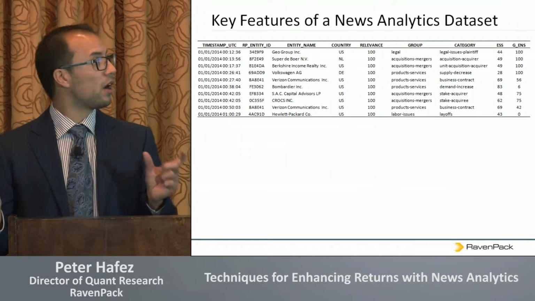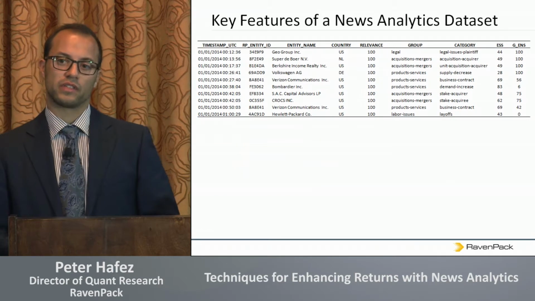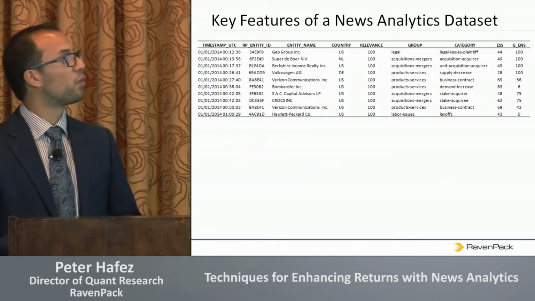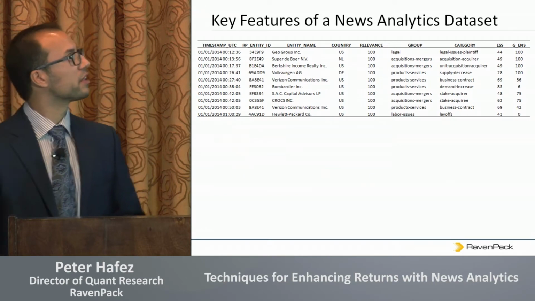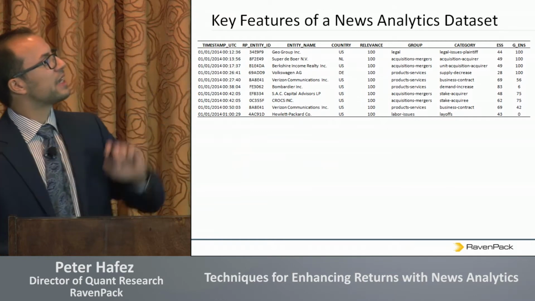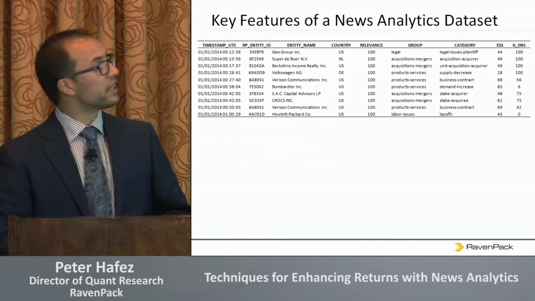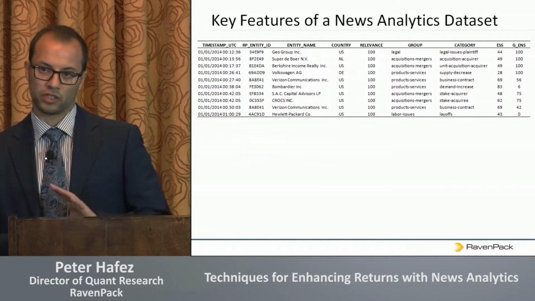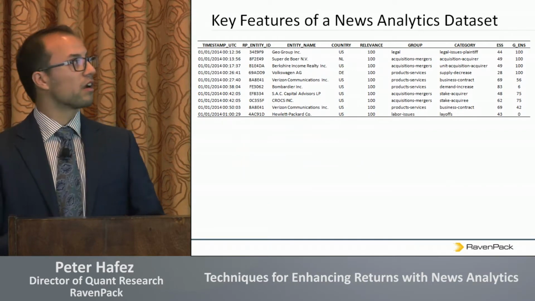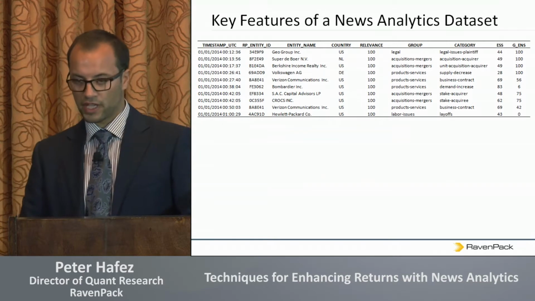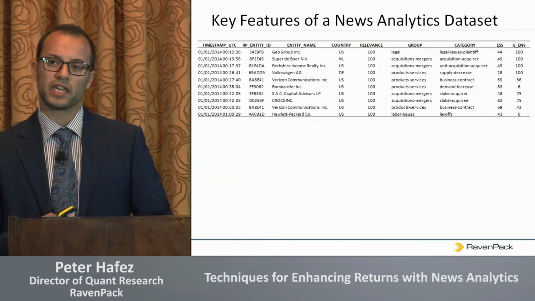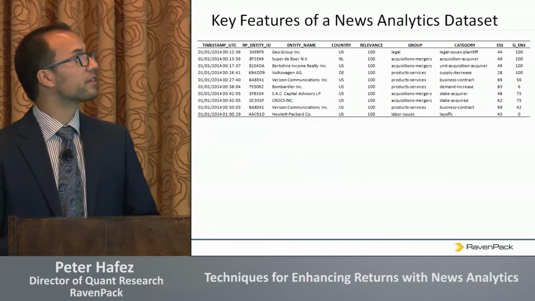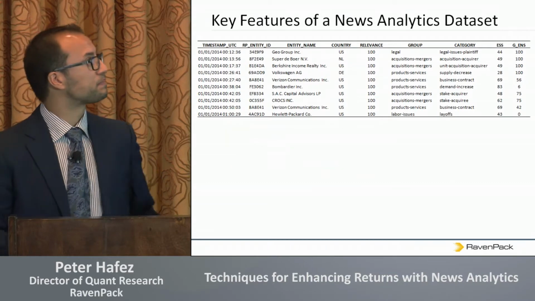So basically, we have 2 packages in place, and one is obviously what we call the equity product, the other one the global macro product. This is an example of the equities data. And what distinguishes the 2 is that in the equities package, the entities we detect are companies, whereas in the global macro side, it's places, organizations, and currencies and commodities.